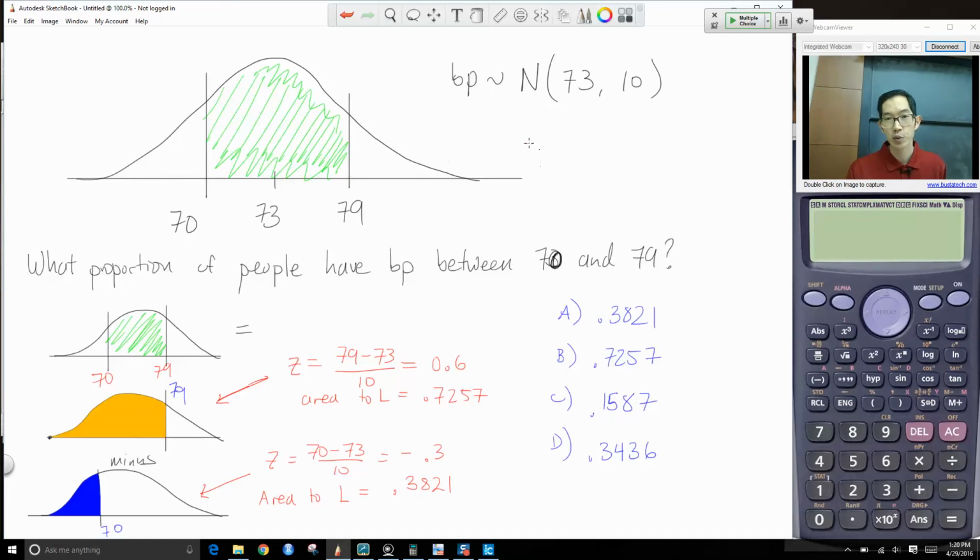So the area between, so we get 0.3436, and that is going to be our answer choice here. Okay, sometimes students will take the difference between the z-scores, and they'll say the z-score between 70 and 79 is 1, and that's not going to work out.